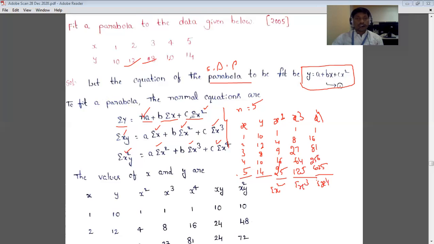So x square, x cube, and x power 4 are completed.